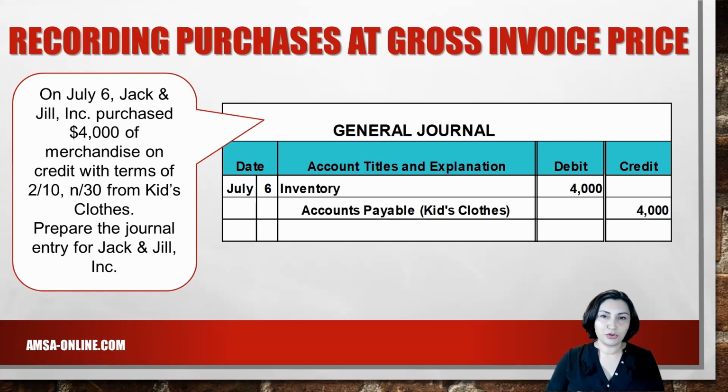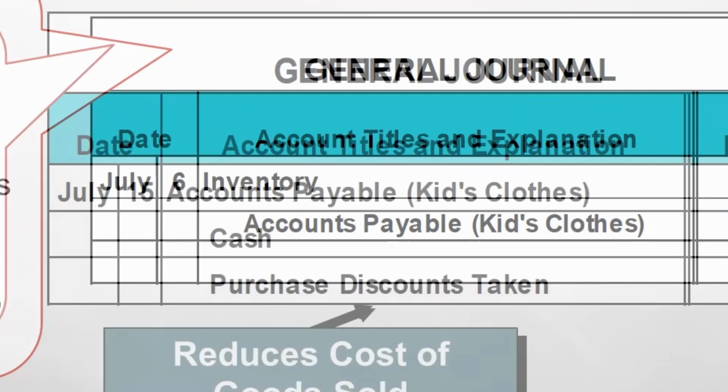Let's look at how purchases are recorded under the gross method. On July 6th, Jack and Jill purchased $4,000 of merchandise on account from Kids' Clothes with terms 2/10, net 30. Jack and Jill debits inventory and credits accounts payable for $4,000, which is the gross amount of the purchase.